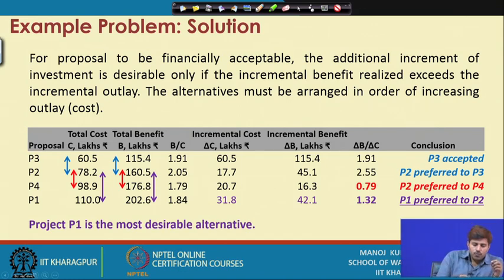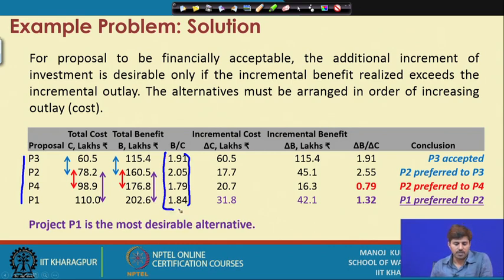Now, this is how we have listed our alternatives: P3, P2, P4 and P1. The total cost and the total benefits are given to us. The benefit cost ratio is also known, although it is of no use when we are computing the incremental benefit cost ratio.